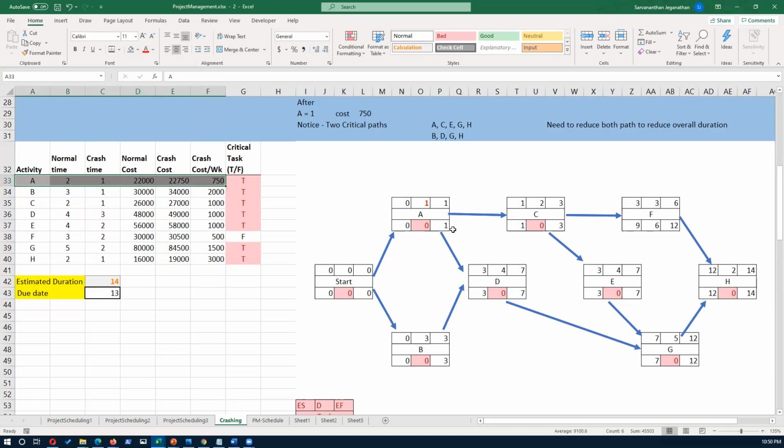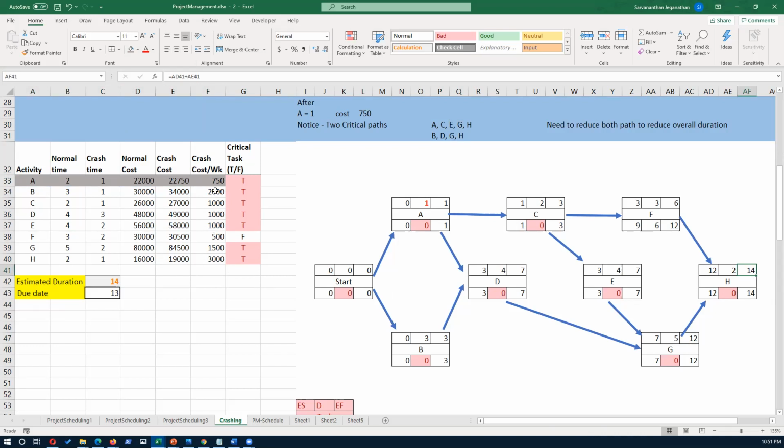Since we have two paths, B, D, G, and H is a critical path, and then A, C, E, G, and H is a critical path. There are two critical paths. So to reduce the overall project duration, you need to reduce both paths. Just reducing one will not reduce the overall project duration.